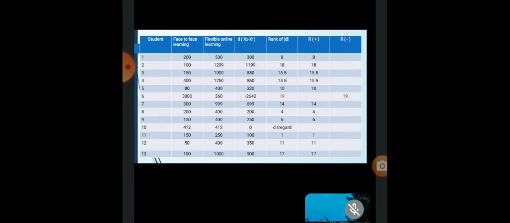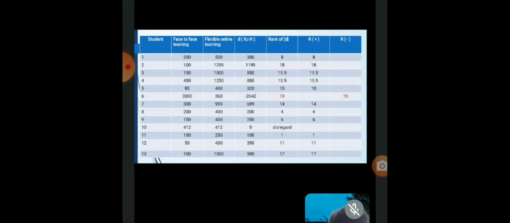Ngayon, yung 200 na yan, place of 3, 4, and 5. Add lang po natin yung mga yan. Lumabas po is 12. Divided by 3 equals 4. Ngayon po, ang magiging value po ng 200 is 4.